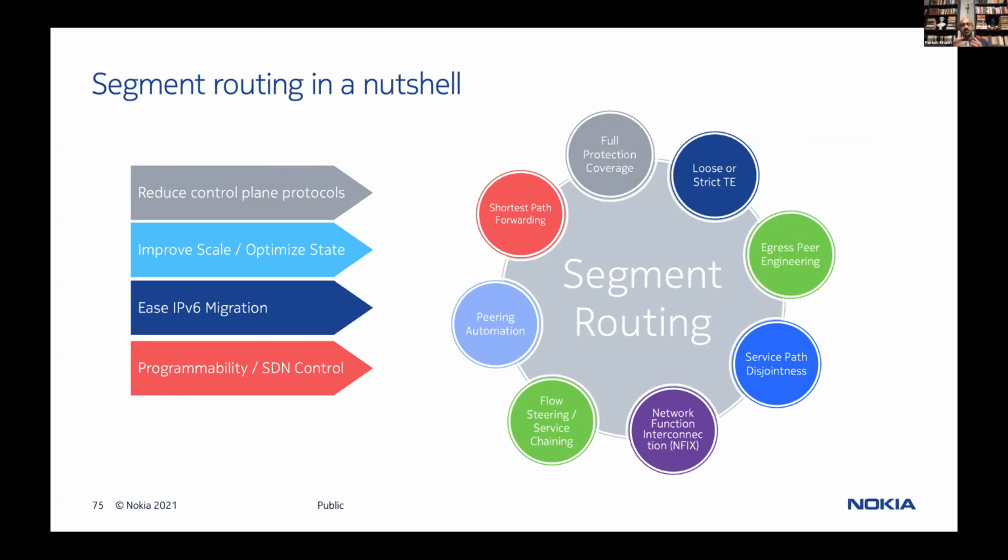And it gives you full protection coverage, traffic engineering use cases like disjointness, and it's also very useful for things like service chaining when you consider the introduction of virtualized services into the path of a traffic flow. So I might wrap it up here.